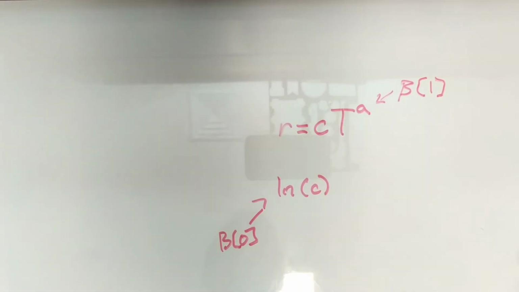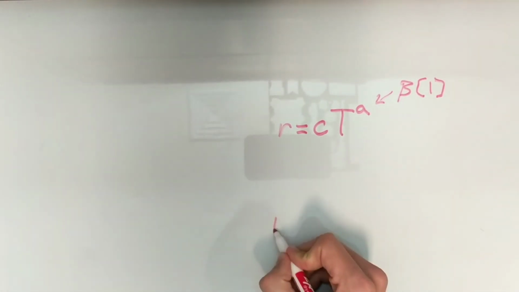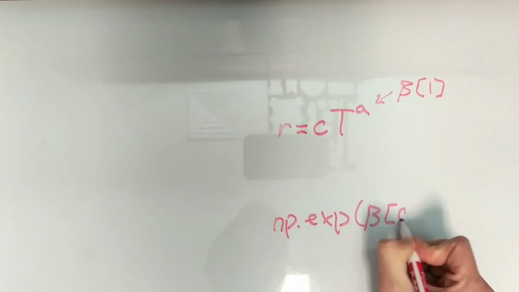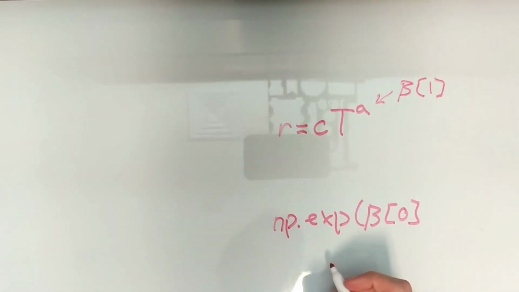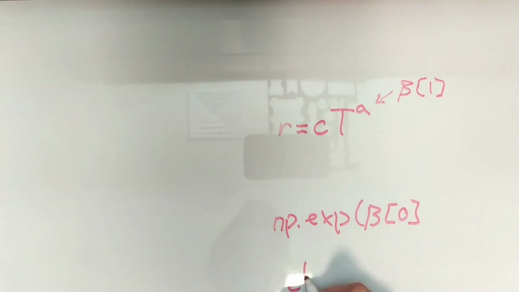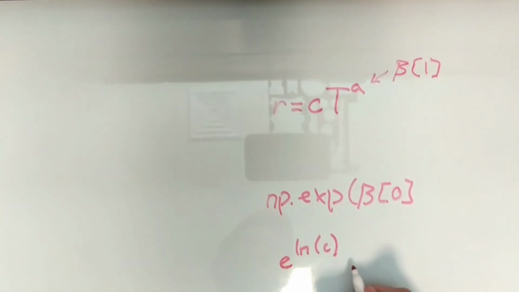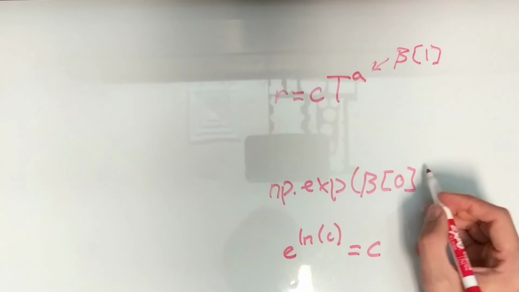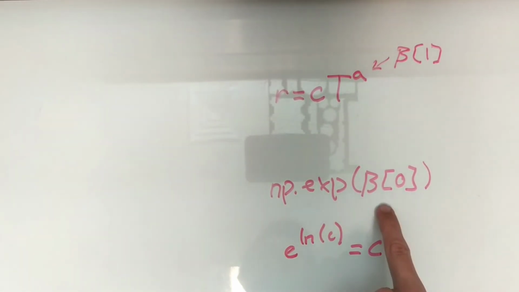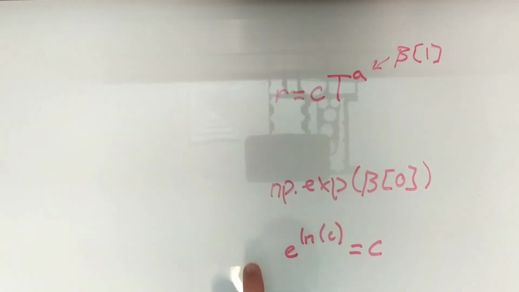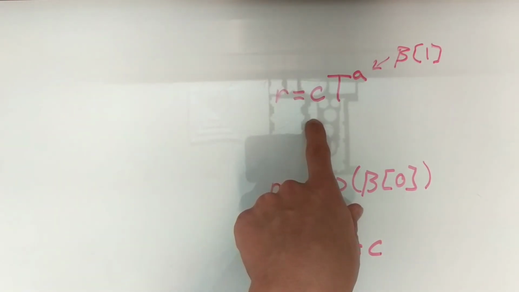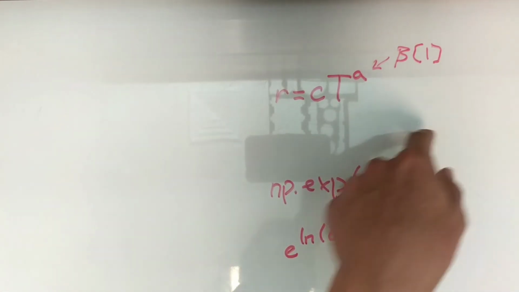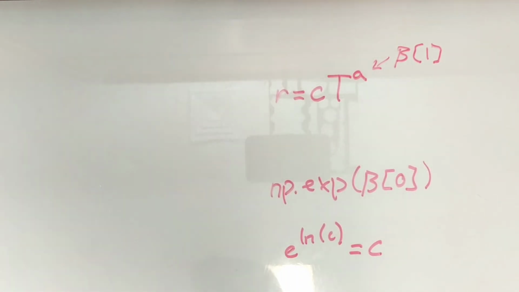The way that I would do that is write out np.exp of beta at 0. Because if you remember from just general math rules, e to the ln of something will just equal that same thing. So doing e to the ln of c will just be your c. So I'd do it like np.exp of beta at 0 times t to the beta at 1 equals your r, and you want to return that r.